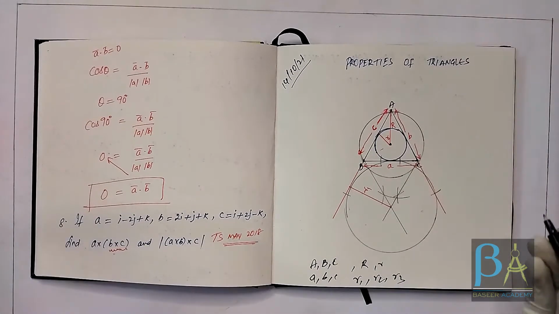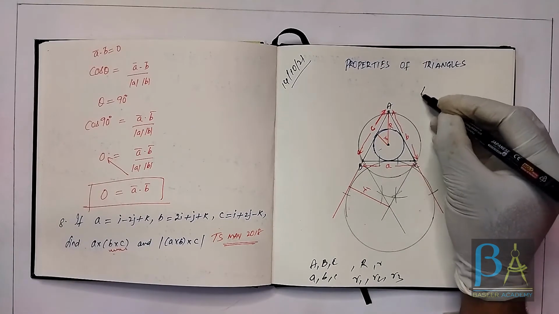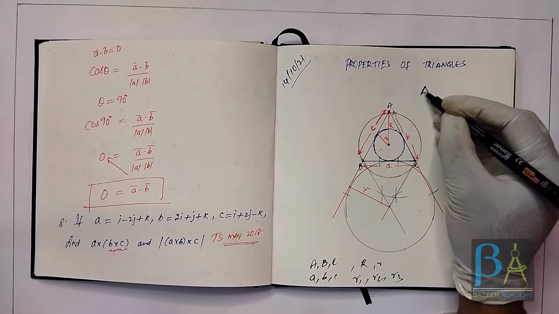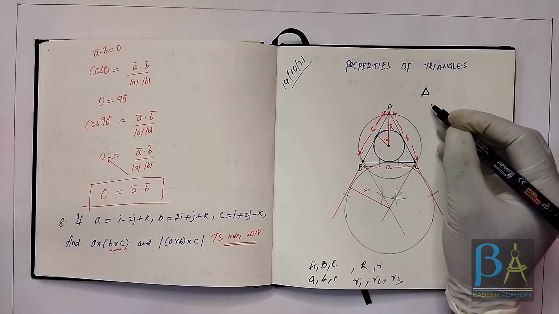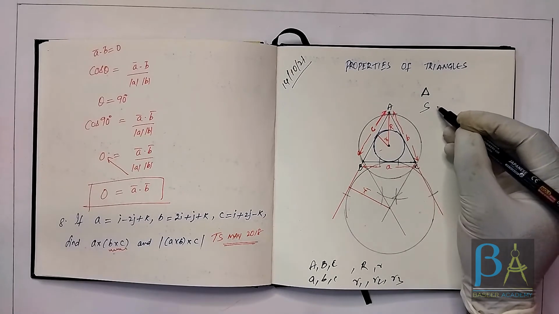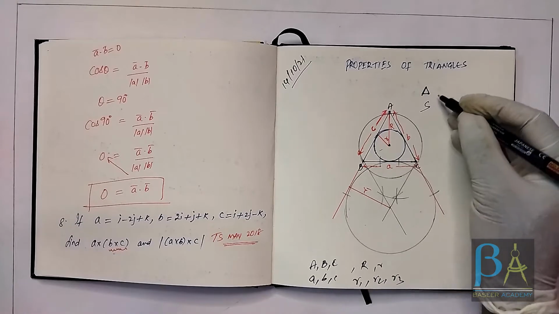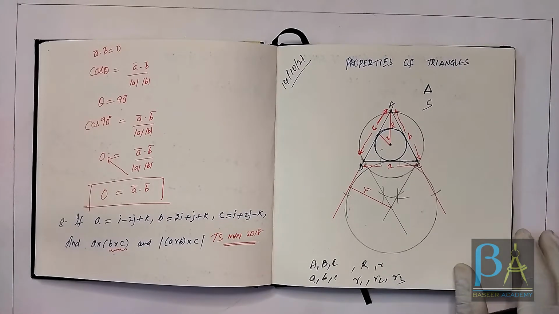You would also see something like delta. Here delta refers to the area of the triangle, and then you would see one more letter, which is S. S is nothing but the semi-perimeter. We'll talk about the area of the triangle and the semi-perimeter in a while.